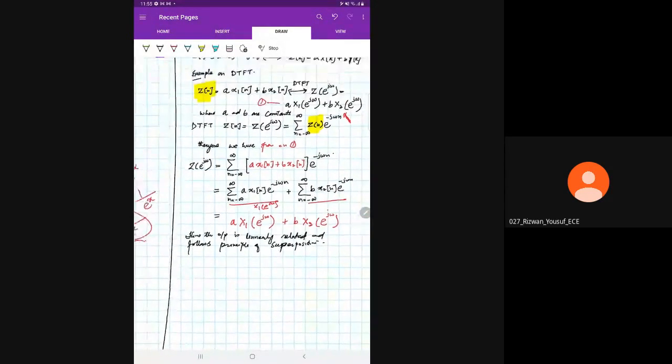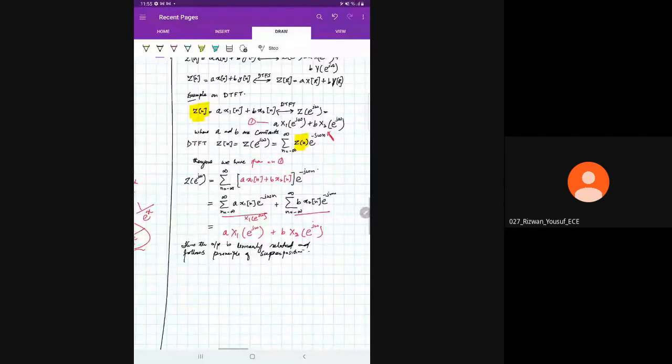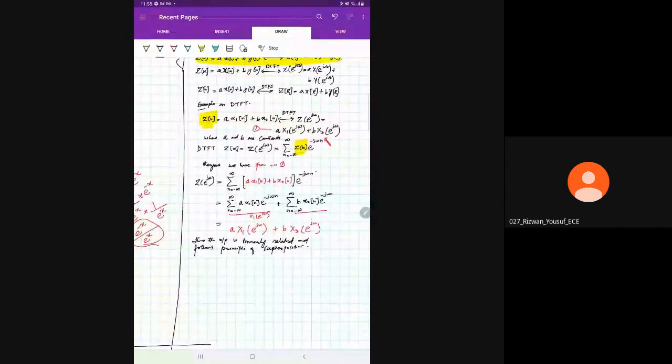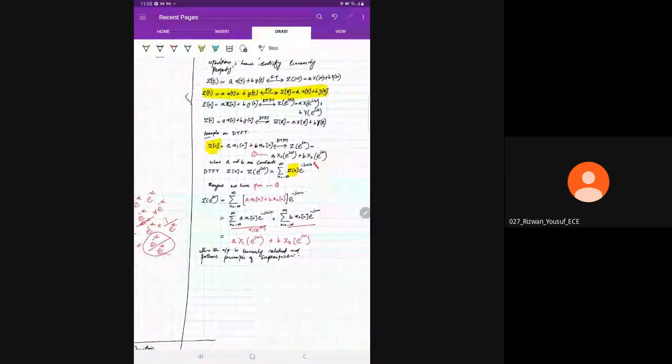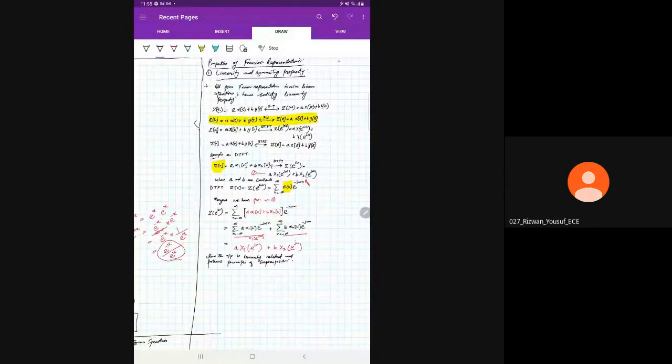So you can see once we have calculated the discrete time Fourier transform, we saw that the output is linearly related. So it follows the linearity property, and it also follows the principle of superposition. Whenever there is a linear relationship, it always follows the principle of superposition.